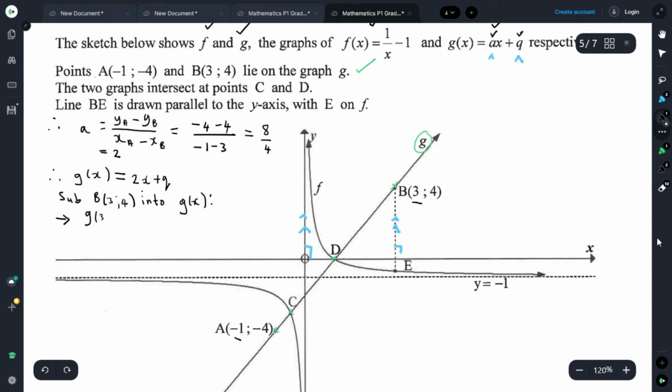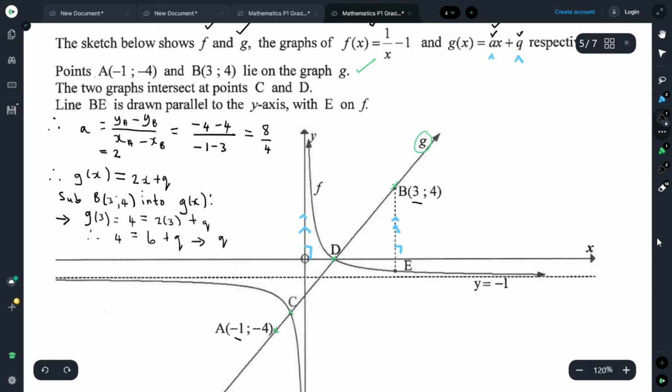So g of 3 should give you 4, and 4 is equals to 2 times 3 plus q. All that we're doing is substituting these coordinates into the function. So now the only thing left is to make q the subject of the formula, or to solve for q, which is 4 is equals to 6 plus q.